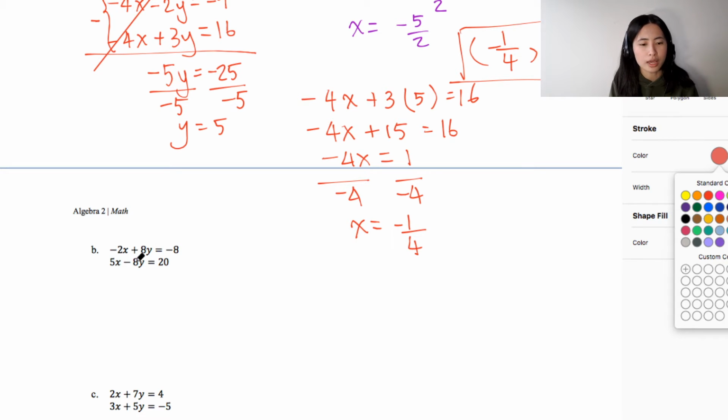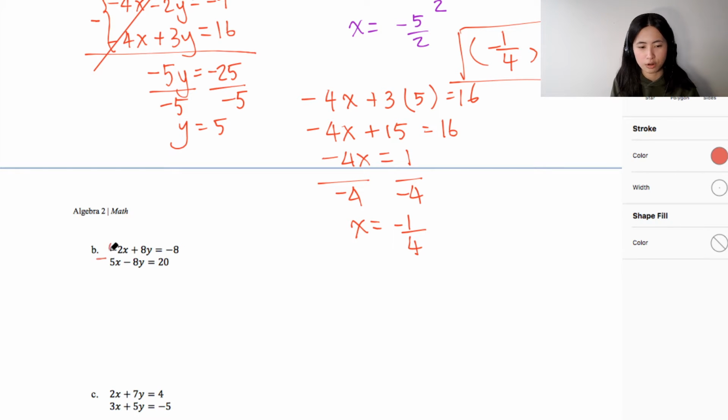Okay, so because this is negative 8y equal to 20, if you were to subtract the two, that means the negative sign over here would be distributed towards negative 8y and create a positive, right? Does that make sense?